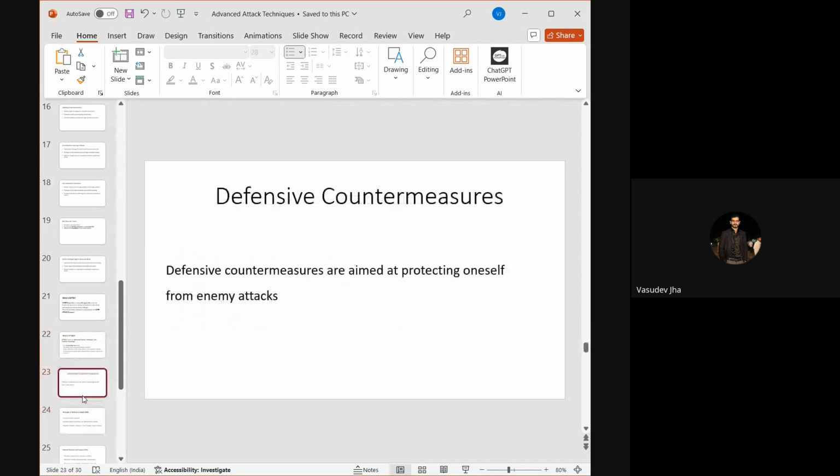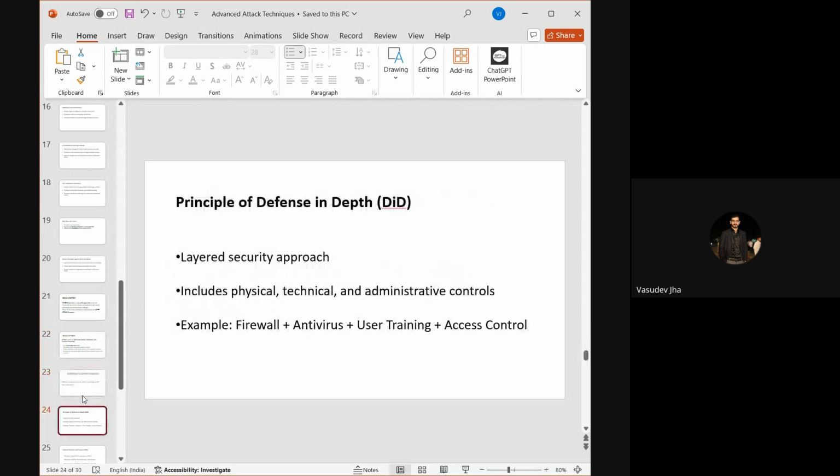So now let's understand the countermeasures. First thing we need to go for is DID, defense in depth. The basic principle is a layered security approach, which includes physical, technical, and administrative control. Now, what is physical control, technical control, and administrative control?